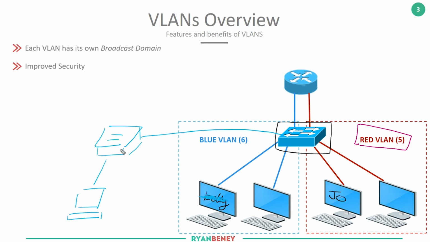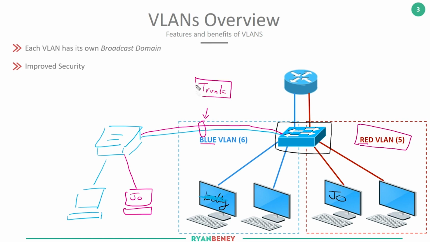Then what we can do, depending on the design, is also carry over the VLAN. So this link here would actually carry both VLAN blue and VLAN red, and this link is actually called a trunk. But the idea here is now what we have is two broadcast domains spread across two switches.